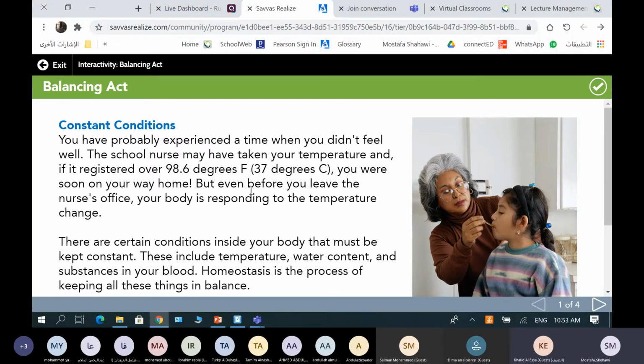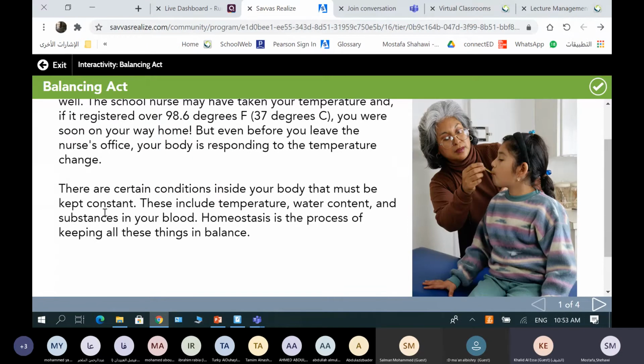But even before you leave the nurse's office, your body is responding to the temperature change. There are certain conditions inside your body that must be constant. These include temperature, water content, and substances in your blood.